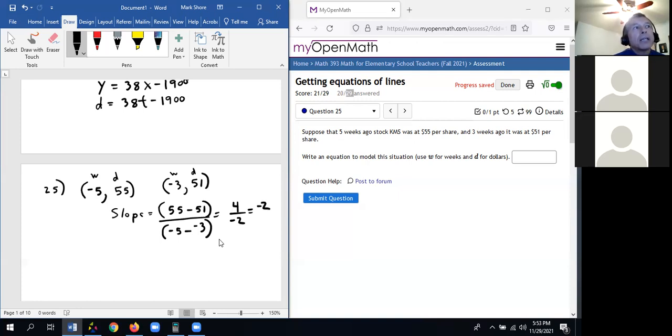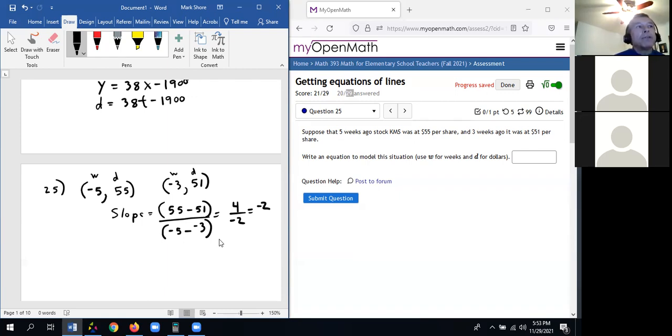It means that your stock is going down $2 per week. If you check here, it went down $4, right? 55 down to 51, that's going down $4. And it did that in 2 weeks, right? 5 weeks ago, 3 weeks ago. So it went down $4 in 2 weeks. So that's the same as right here, a slope of -2 when you divide it out.